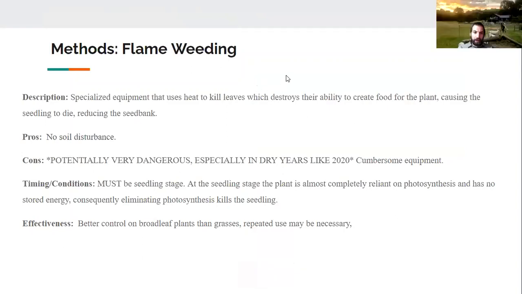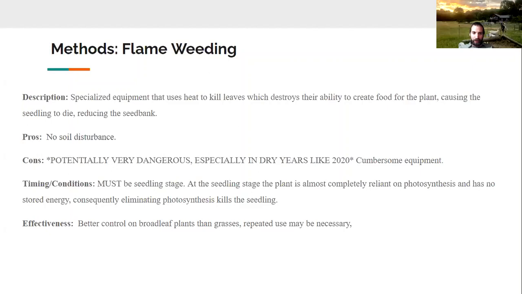All right. So I'm going to talk about flame weeding pretty briefly, mostly because it only really applies to seedlings. This is literal seedlings. A seed sprouts, puts up the first leaves, and this is the stage we're looking to hit. We're not talking about stump sprouts, which are a little different.